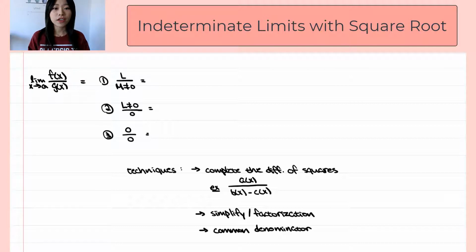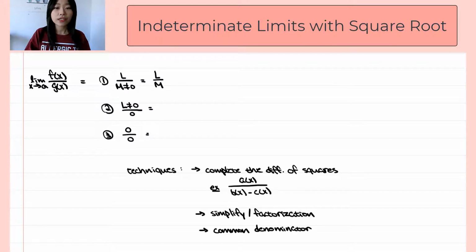However, if the function is of the form f of x over g of x, then when you substitute a, there are three possibilities. The first one is you'll get a number over a non-zero number. In that case, the limit of this function is simply L over n. The second possibility is you can get a non-zero number over 0.